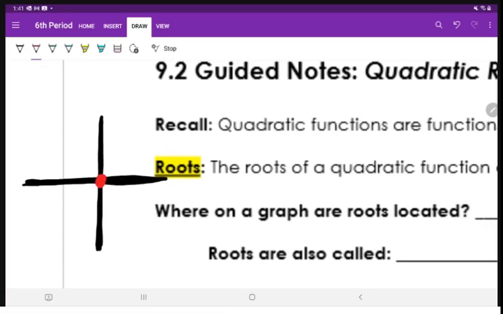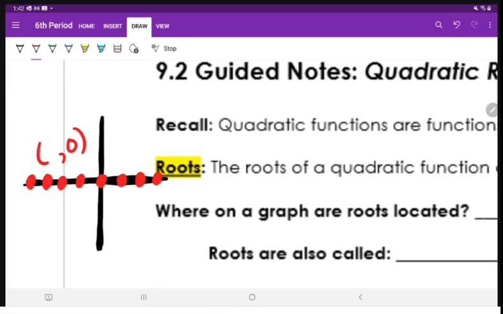Think of another point that has a y value of 0. One space to the right of it. Think of another one. One spot to the right. All these points, right? And we could go left too. All of these points that I'm drawing have a y value of 0.